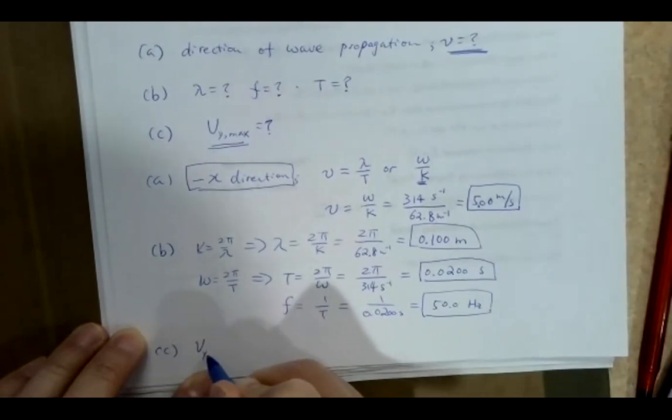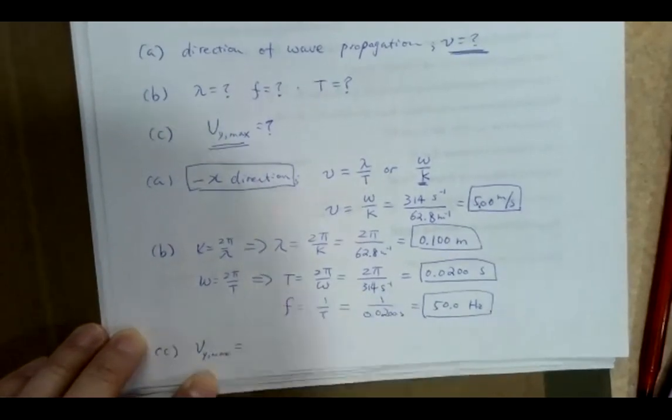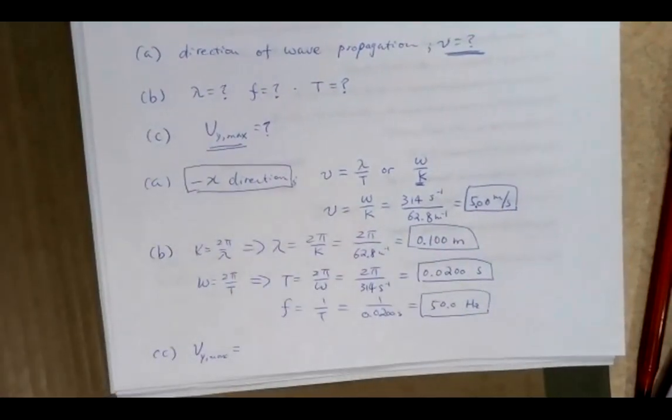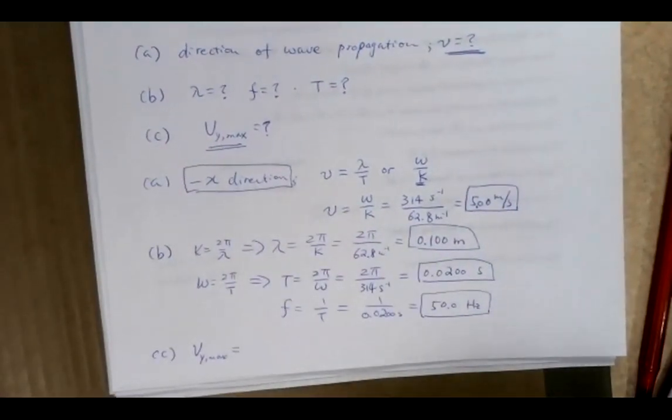Now Vy max. I think it's the slide ahead before that. So if you go one more slide up, this is the maximum, right? Vy maximum will be equal to A times omega.